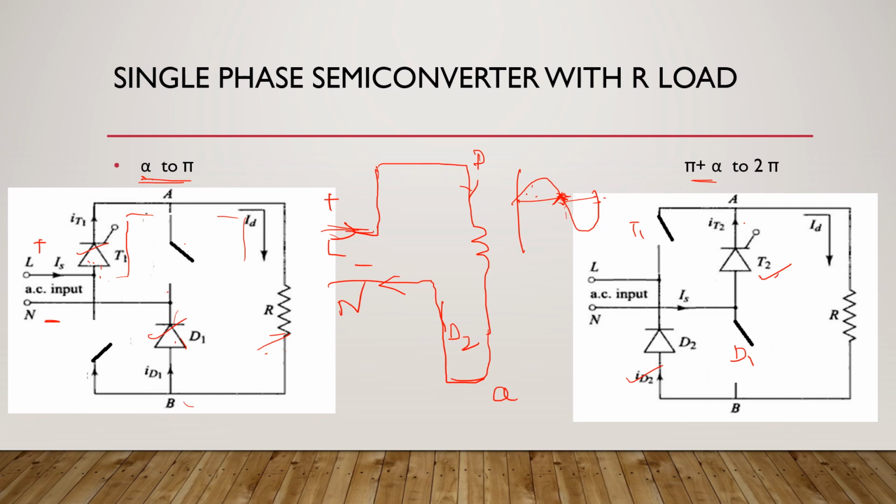So there will be no output till we fire at pi plus alpha. From pi to pi plus alpha, no device is in conduction. From pi plus alpha to 2 pi, T2 and D2 will conduct together.